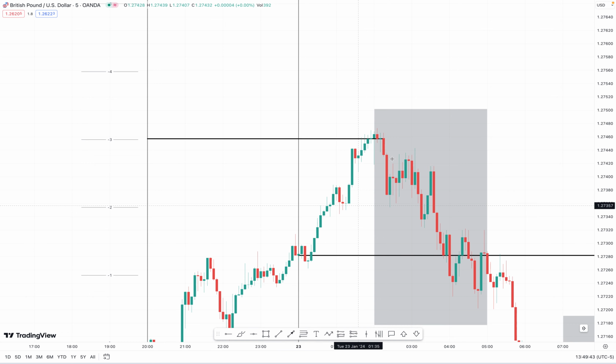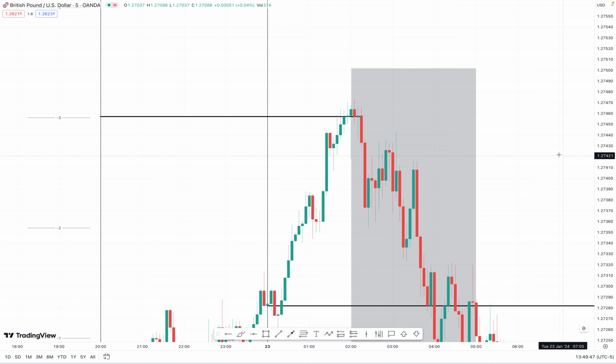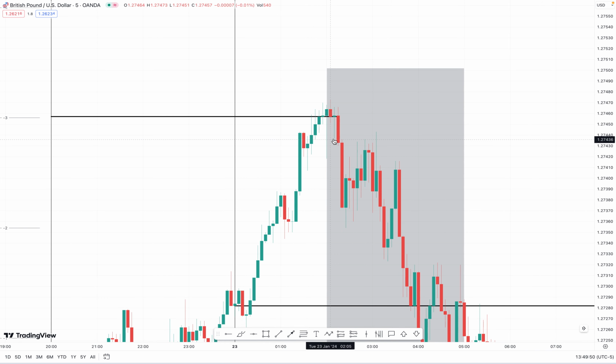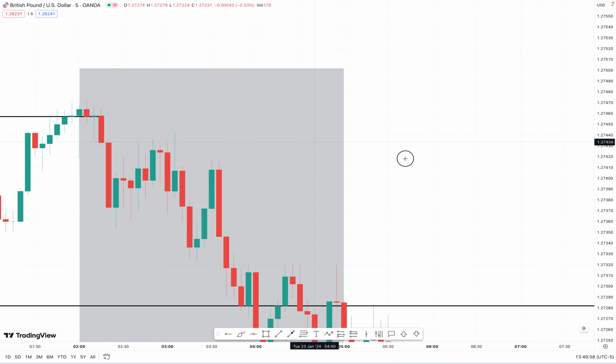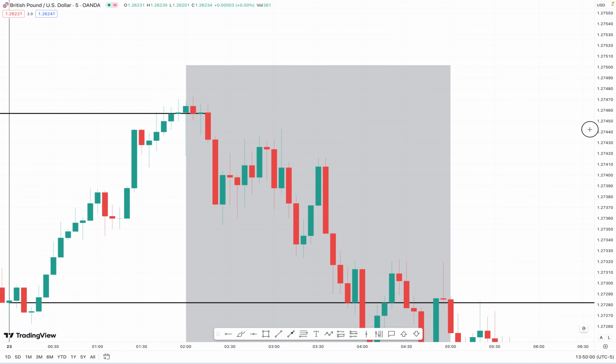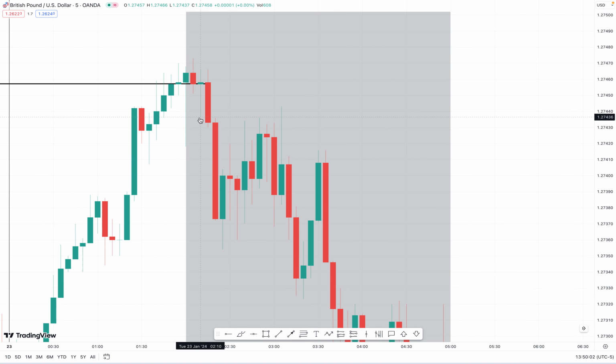And now we are marking fair value gaps, right? The first fair value gap you see on a 5-minute chart. So it's that tiny one inside there. See that? I can't zoom in any further. Just sit closer to your screen. That one over there. So let's do it with this.